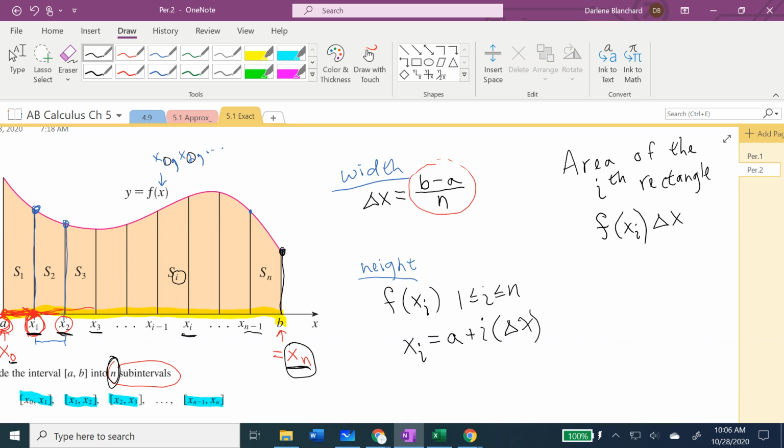And I can refer to the formula for width and the formula for x sub i to make that expression have only the variables i, n, and then the numbers a and b, and whatever function f of x happens to be thrown in there.